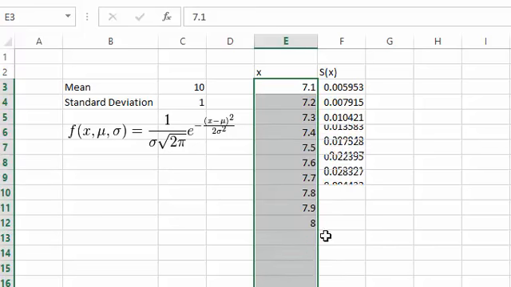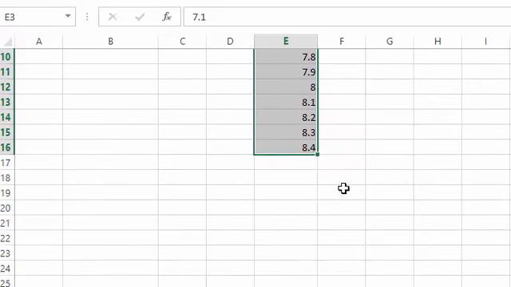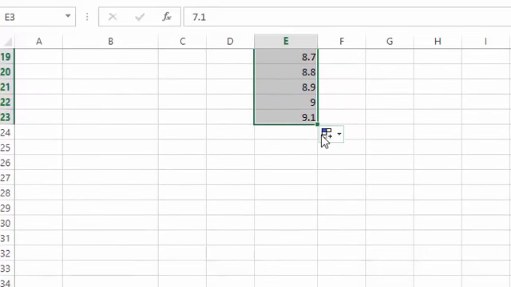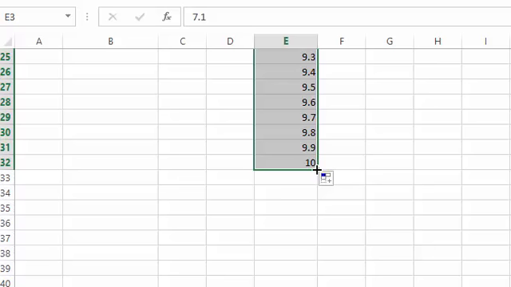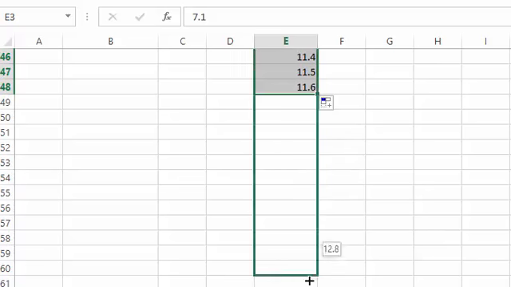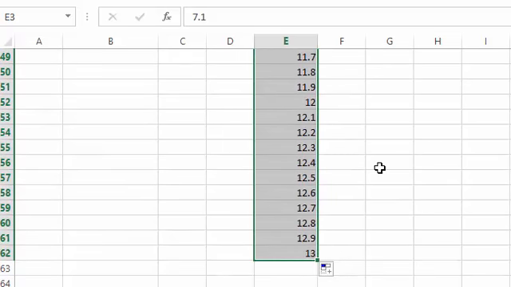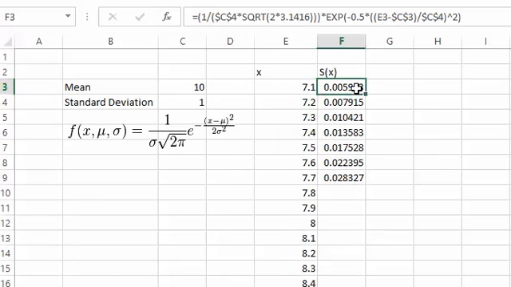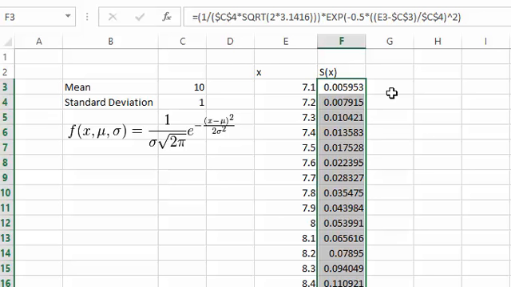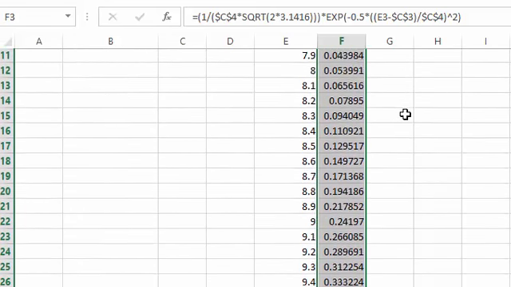I'll just go below and see until I reach 13, which is the far end. Quite further, even further, almost there, 2 more, and there you go. And then let's just tell this to fill in all the gaps. Alright, and then the next step in this analysis is for us to have the graph itself.